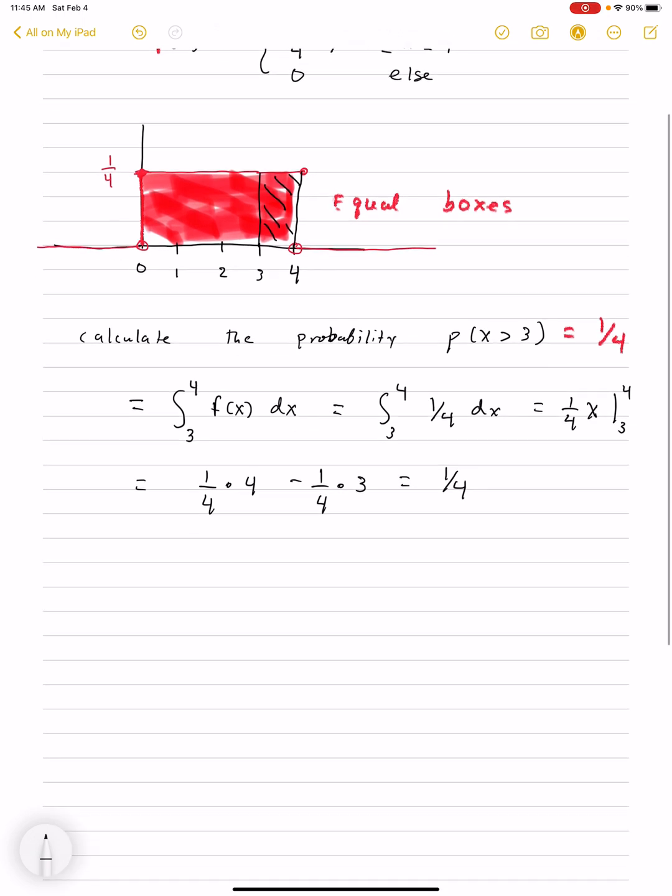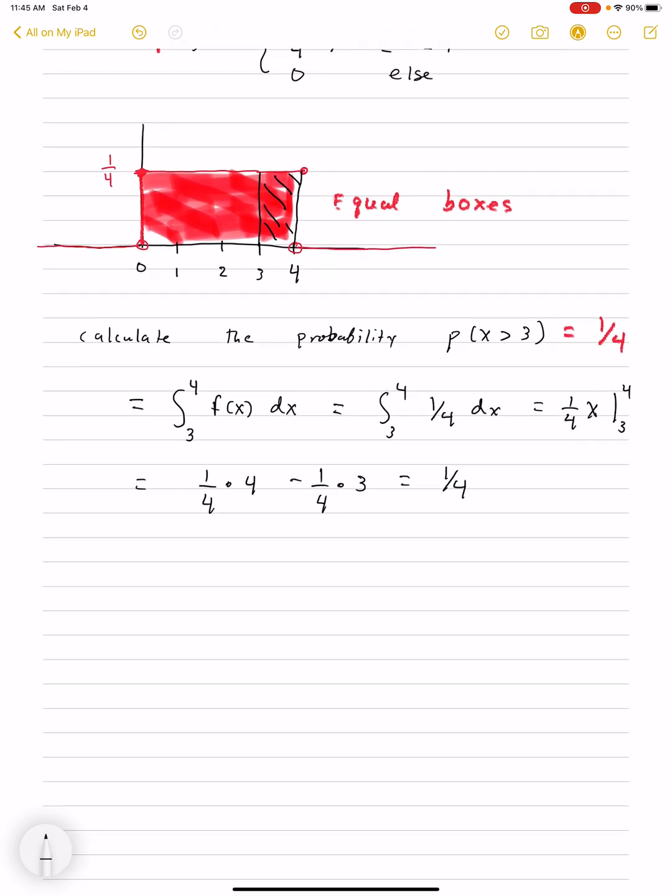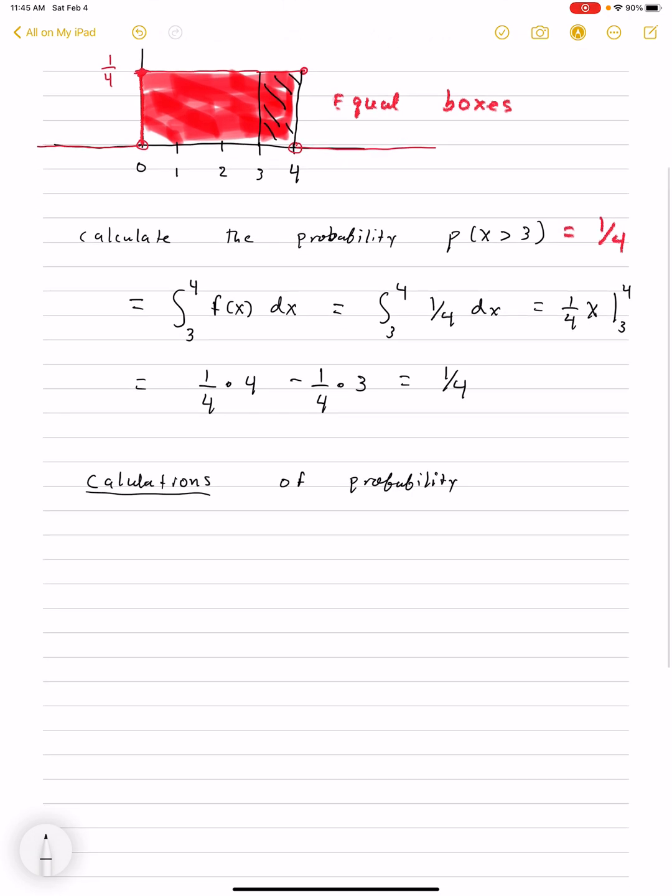So in general, if we have a function whose probability is not nicely symmetrical like this, then we can still calculate probability. So if we want to do calculations of probability, we have this rule.